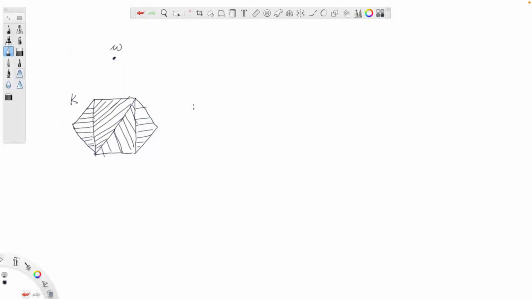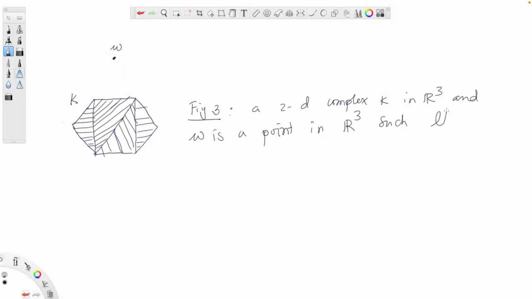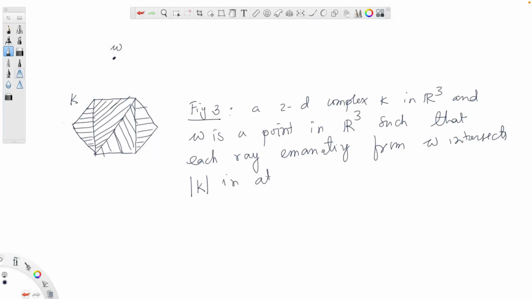Okay, so in this figure, which is figure 3, we have drawn a two-dimensional complex K in R3, and W is a point in R3 such that each ray emanating from W intersects the underlying space of K in at most one point. Okay.